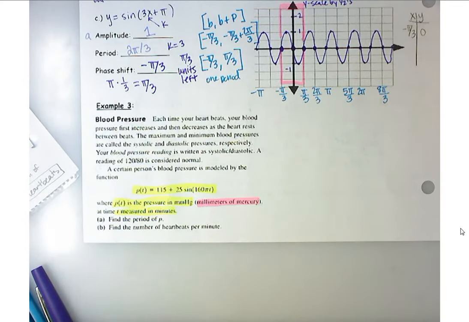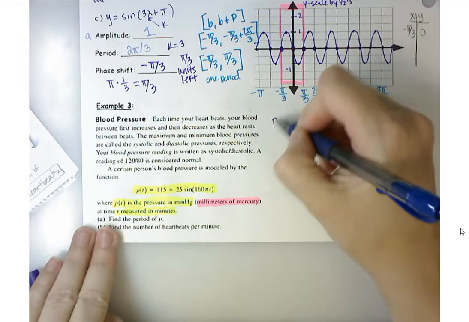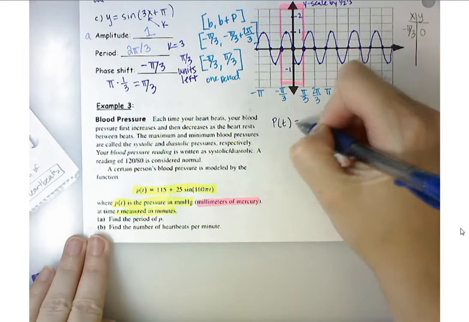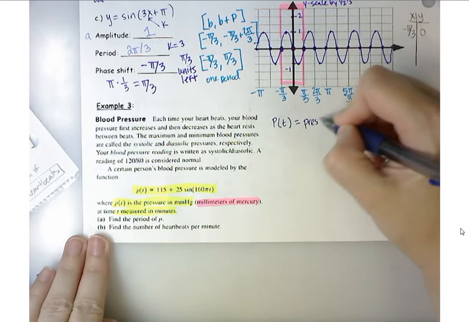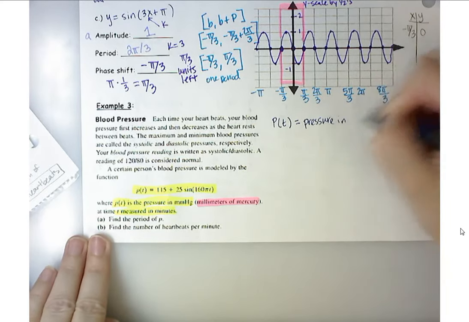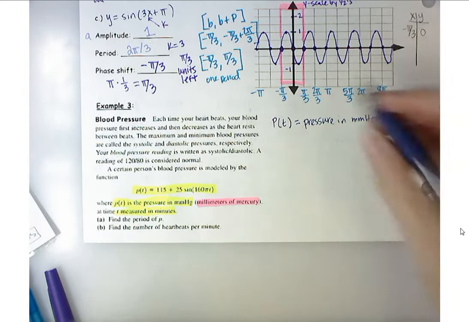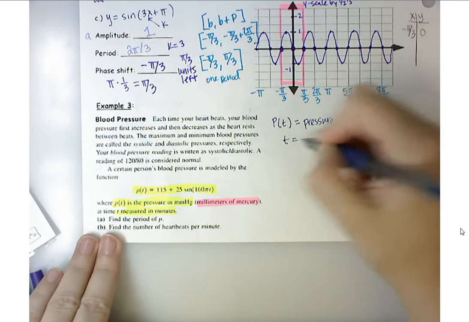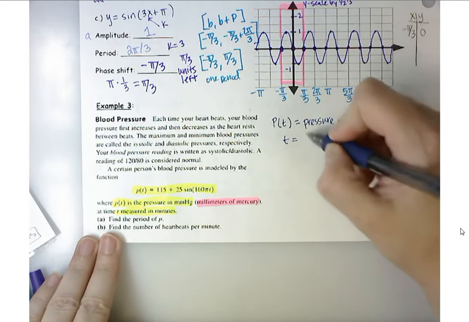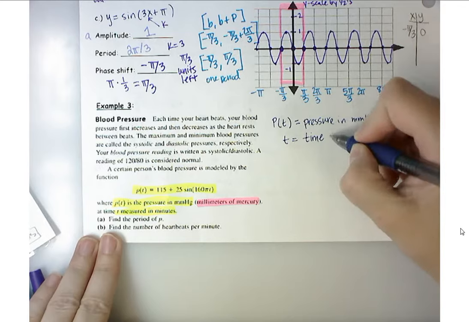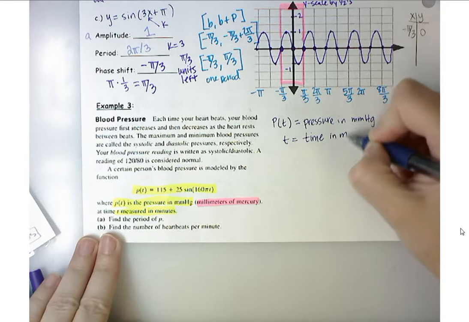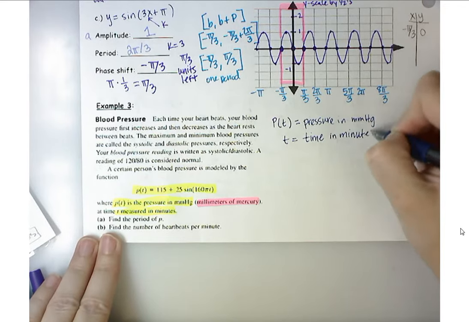So I want us to understand the output and the input. The output is your P of T, and that's going to be the pressure in mmHg. When you have to do this on your test, you will have to do your units, which is why we're writing this out so we can remember that. And then the time is going to be represented by T, and this is going to be the time in minutes.